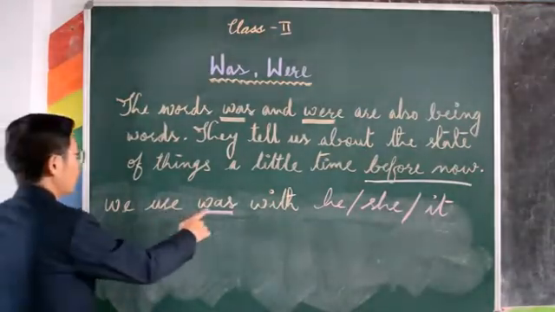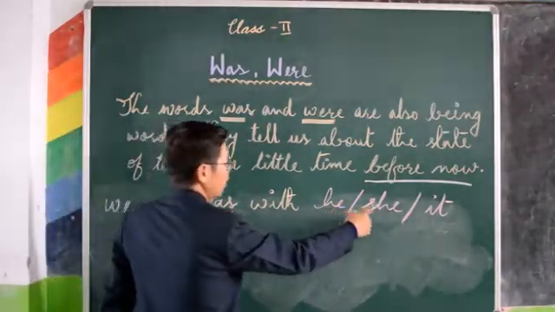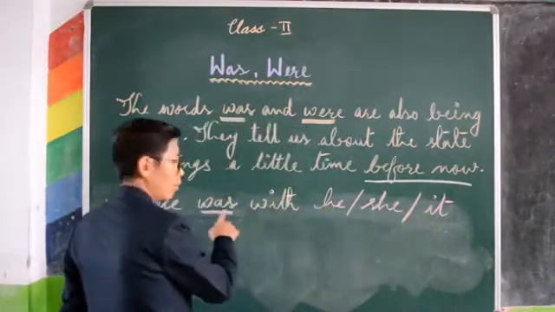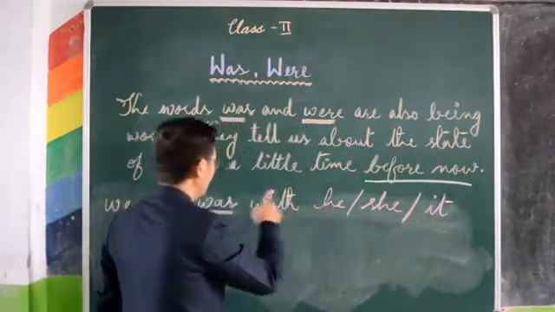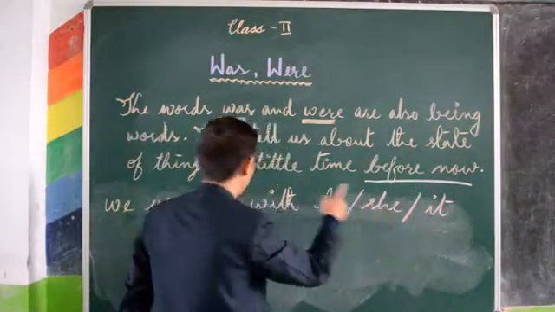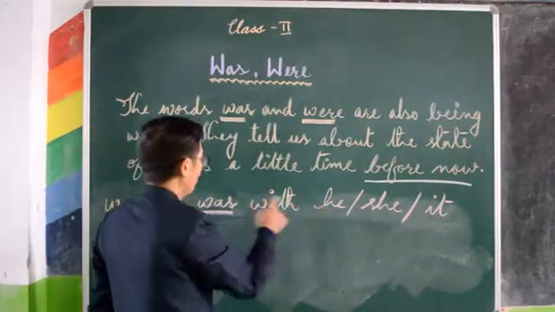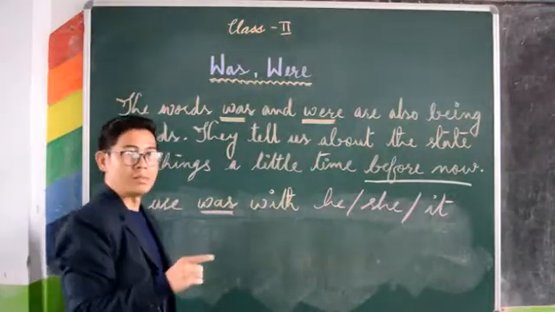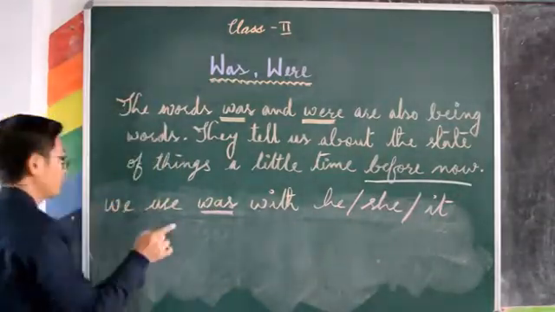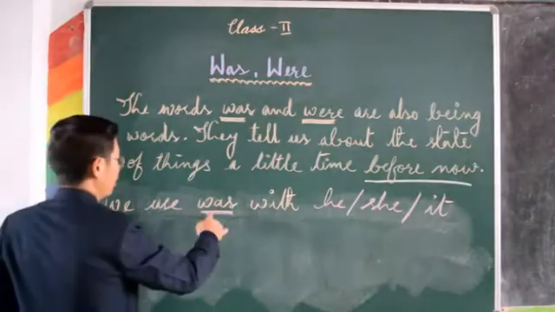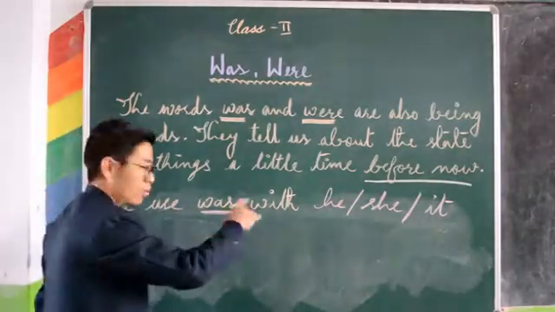We use was with he, she, it. He was, she was, it was. Okay? We don't use he were. He were, which is wrong. Okay? She were, which is wrong. So all the time he was, she was, it was.